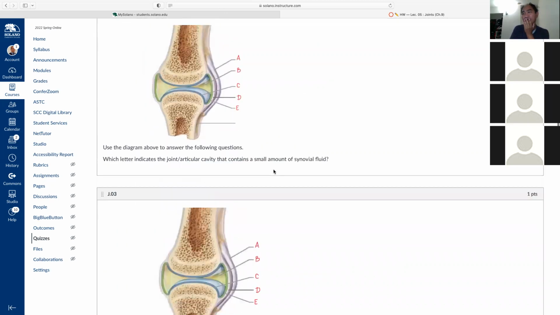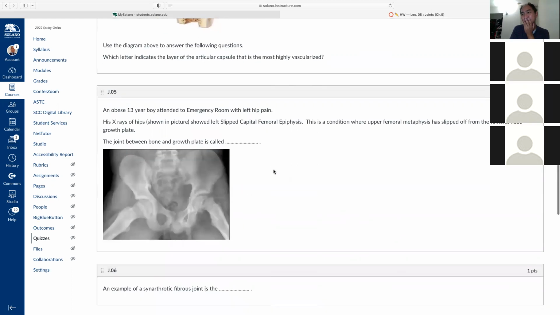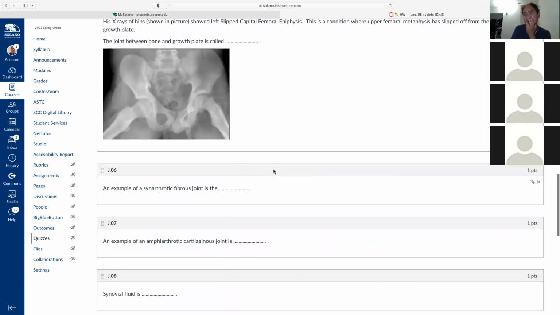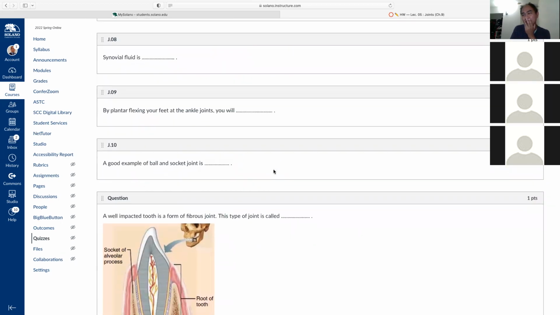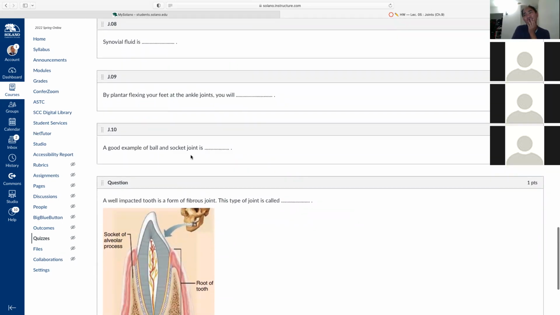So let's check them. We can see that an example of there is no diagram. So what is a good example of a ball and socket joint? The humerus.